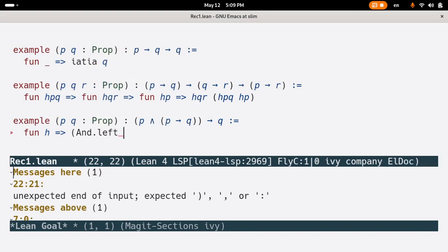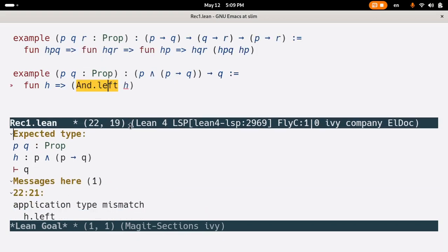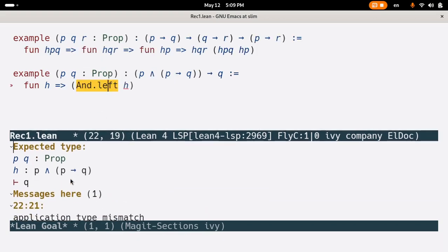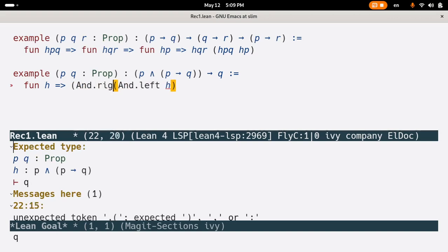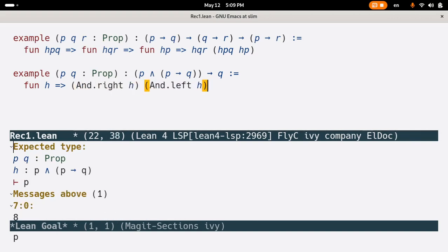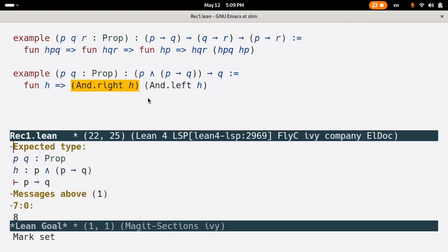So if I type and dot left of h, this whole expression is a proof of the proposition p, and I can do and dot right h, which is a proof of the proposition p implies q.